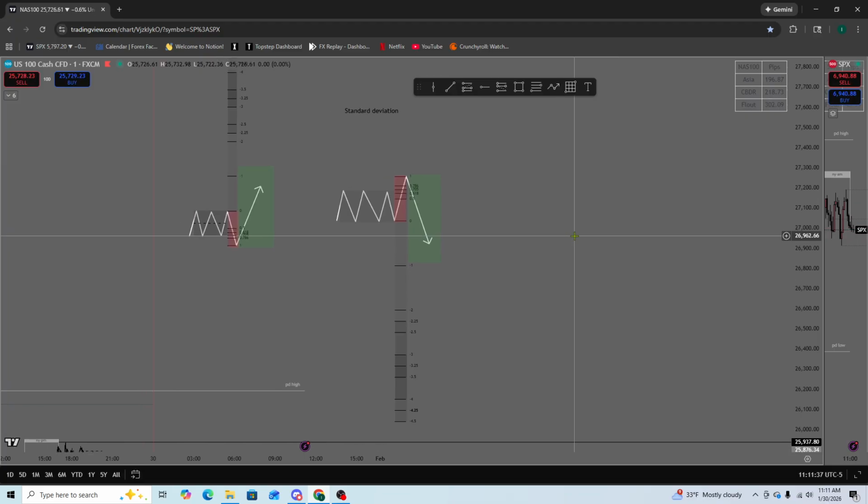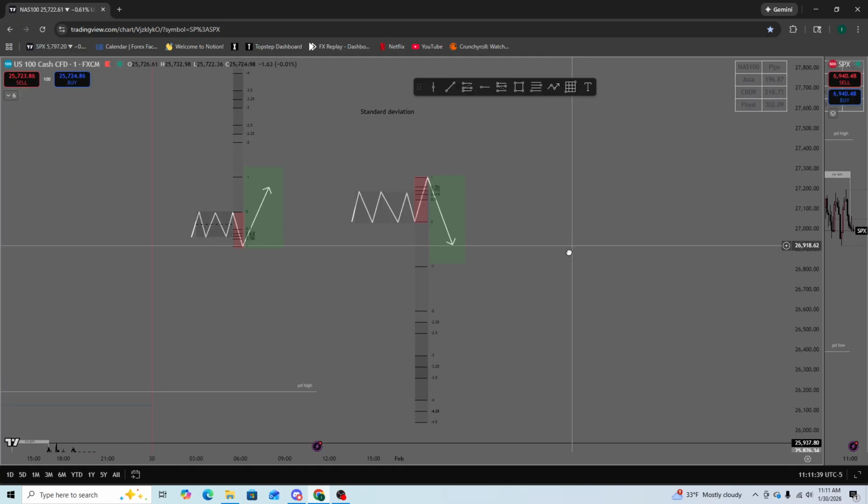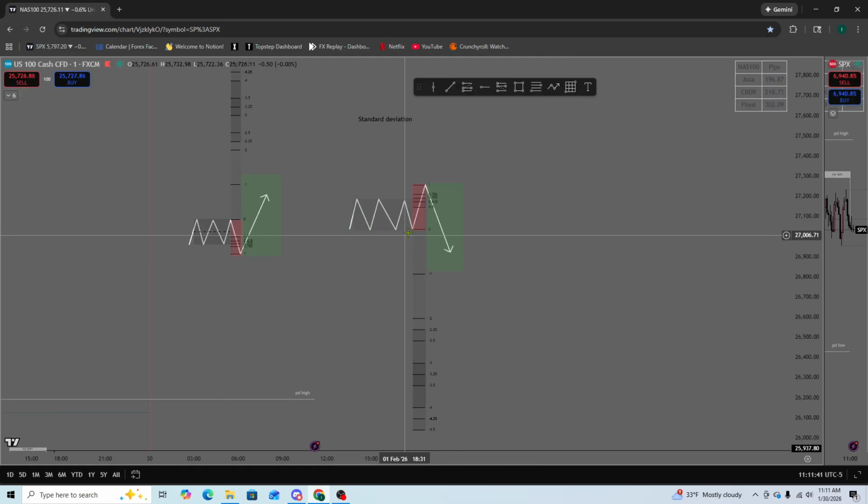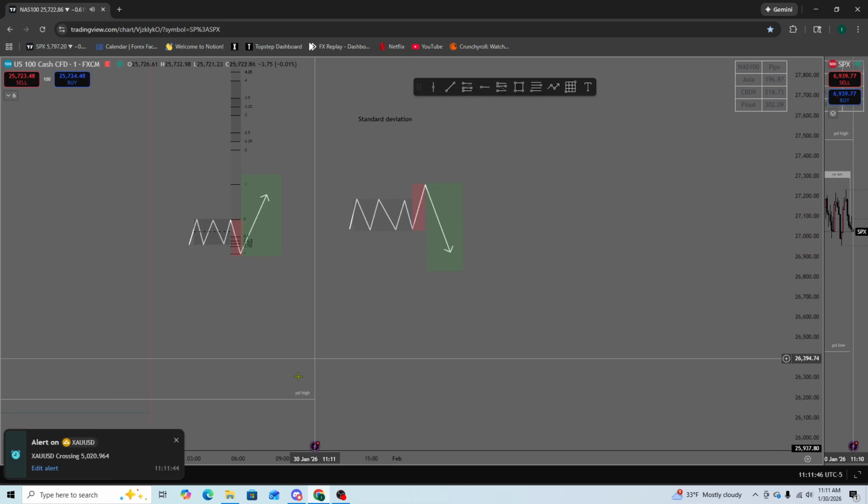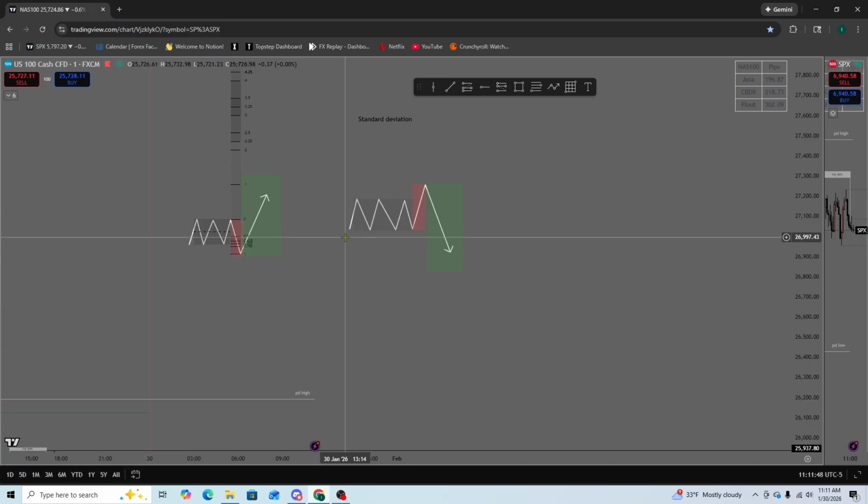So, first of all, how do you anchor it? You anchor your standard deviation on manipulation legs. So we see this accumulation here, we're accumulating. We see this distribution.